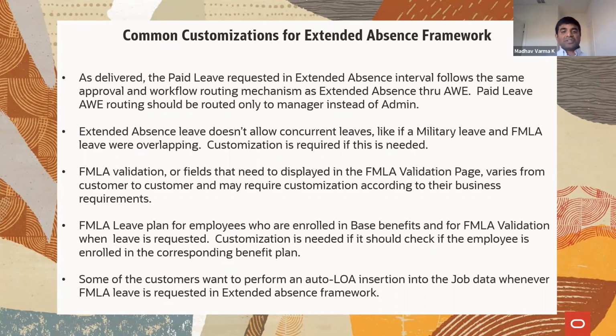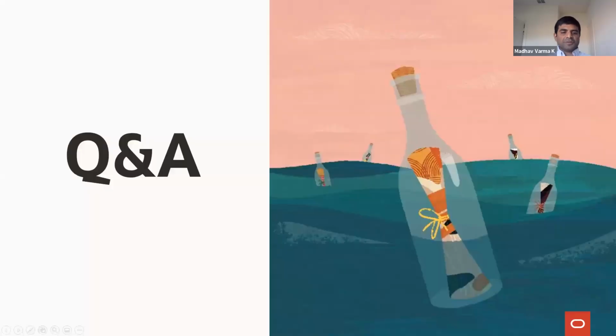So this is a kind of automatic process, maybe a day, a batch process, where if you enter 10 FMLA leaves for a 3 months or 4 months or 2 months period, and you want an automatic effective date, adding an automatic row on the job data. So this is also one of the common customizations that we use. There are still many, but these were the common customizations that many people ask.